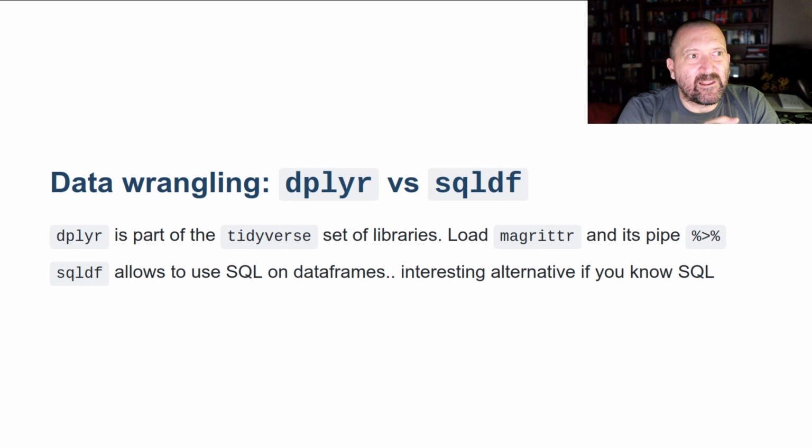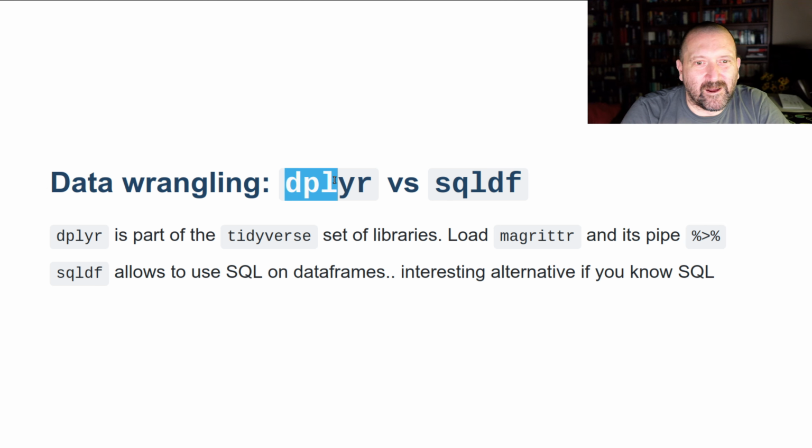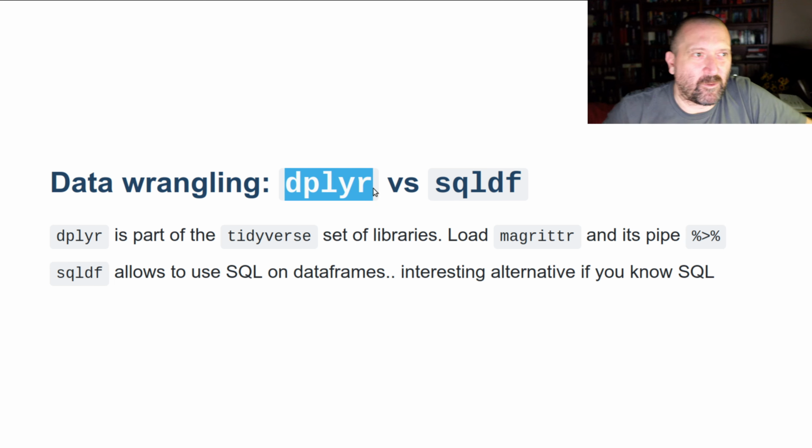About data, one last thing I want to mention is that data wrangling is the practice of making data into a form that is usable, essentially for the purpose of either illustration or use in models and so on. And I'll just point out a recent trend in R, which is the use of dplyr and more generally what is called the tidyverse.